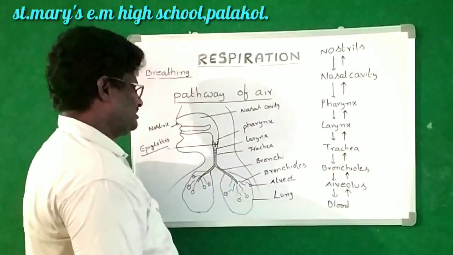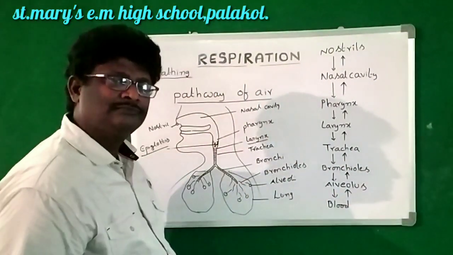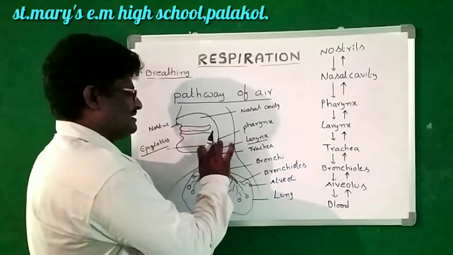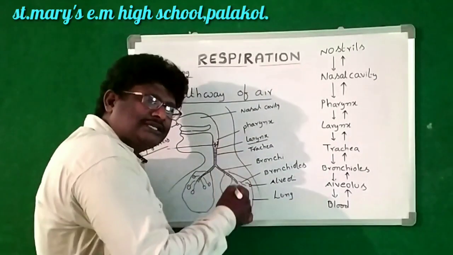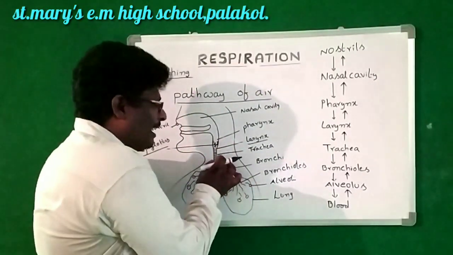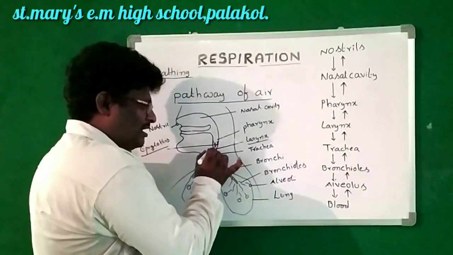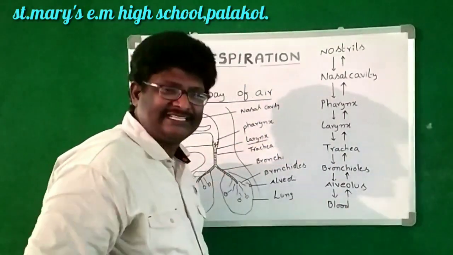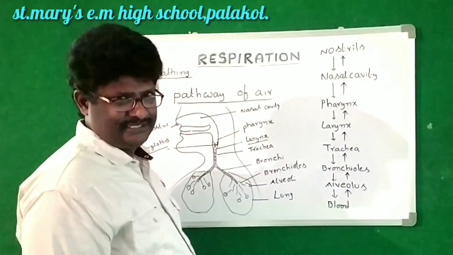So the next part is called the larynx. The starting part of the windpipe is called the larynx.